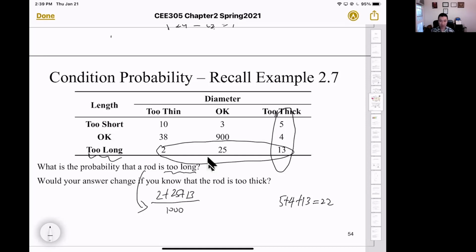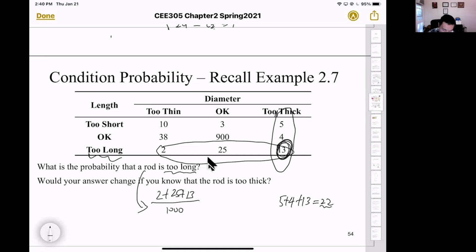So how can we calculate that? By intuition, if we know it is already too thick, out of these 22, how many are too long? 13. So out of these 22 rods which are too thick, 13 of them are too long.